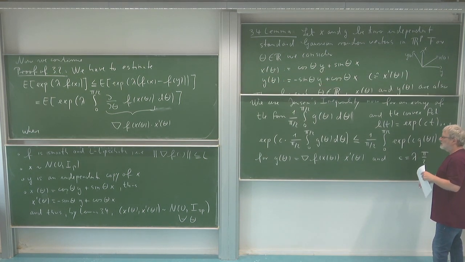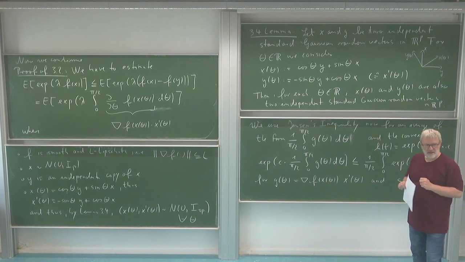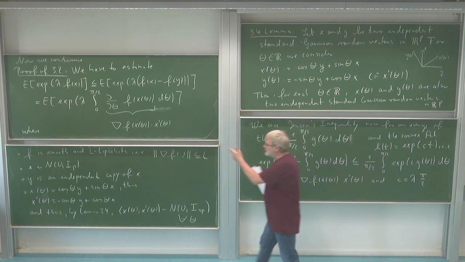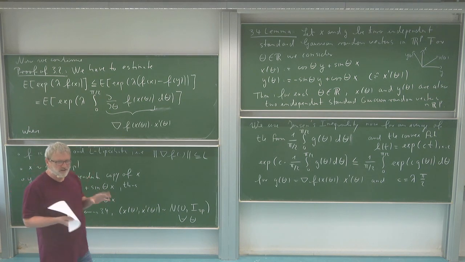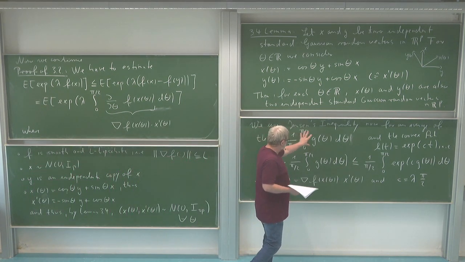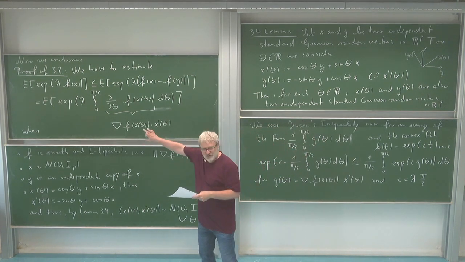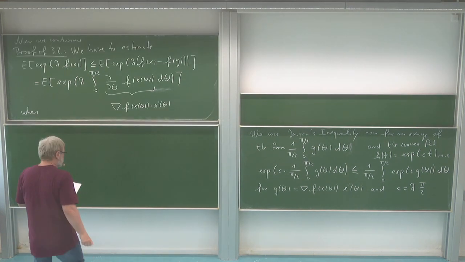Then I get an estimate here, and then I also apply the expectation value. This is with respect to my Gaussian distribution, the integral over the density of the Gauss. But here I have used Jensen just with respect to this integral, not with respect to this expectation.